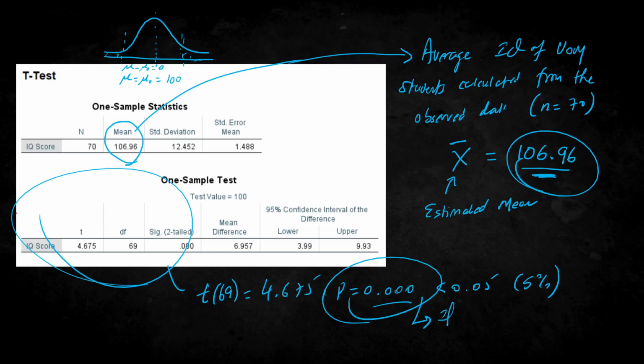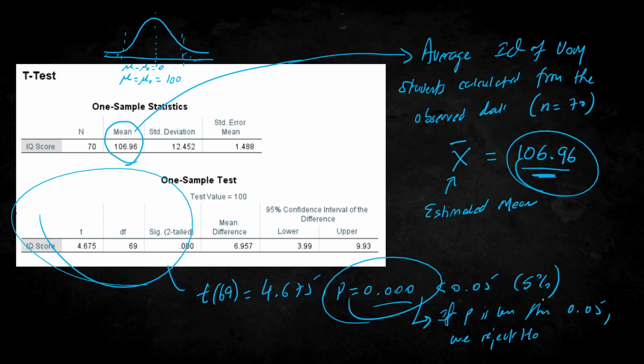And if p is less than 0.05, what do we do? We reject H naught, because basically that means we have large evidence against H naught, because the probability of observing such an effect, or a larger one, when actually H naught is true, that in truth there was actually no difference, is very small, so we can confidently reject H naught. That's what we would say here.